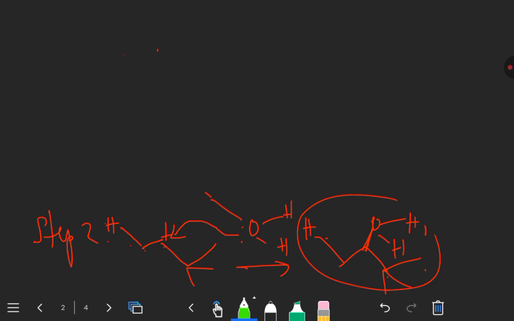Okay, so from our step 2, we had this hydrogen there with a carbocation at that point. Then this was bonded to three things. Okay.